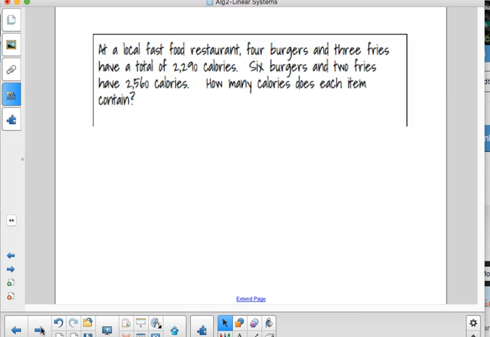So when you have a story problem, your first step is always figure out your variables. Your variables are what you would draw a picture of or what question you're being asked. So reading this, if you have to draw a picture that would show this, what would you draw a picture of? Hamburgers and fries. So in some way, our variables are hamburgers and fries.